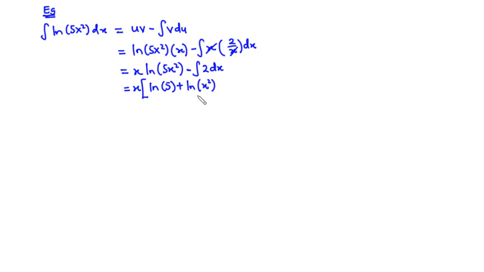And even with that, according to the properties of logarithms, we can transport 2 to be in front of the natural log. So that becomes plus 2 ln of x minus, now when you integrate 2, you have 2x, and then with the constant. So we have the integral of ln of 5x squared dx to be equal to x times the bracket ln of 5 plus 2 times ln of x, minus 2x plus c.